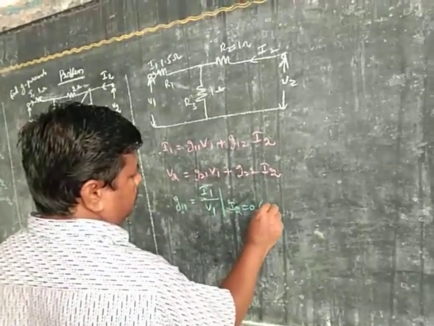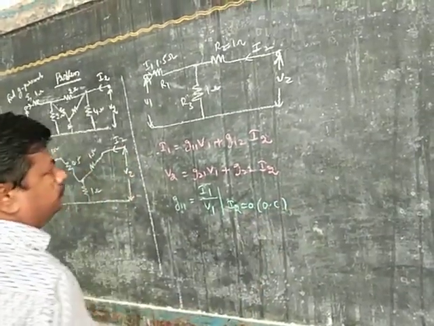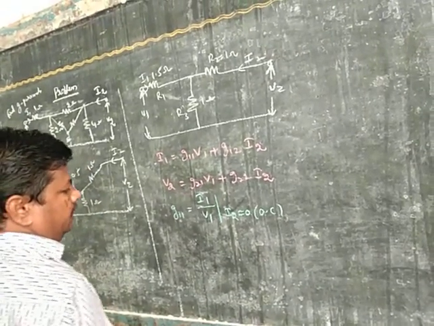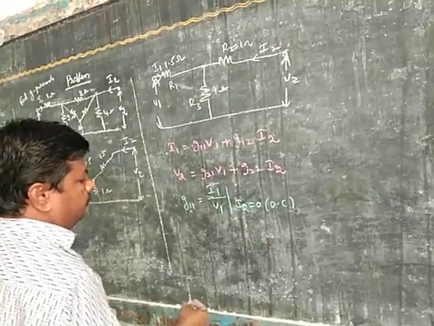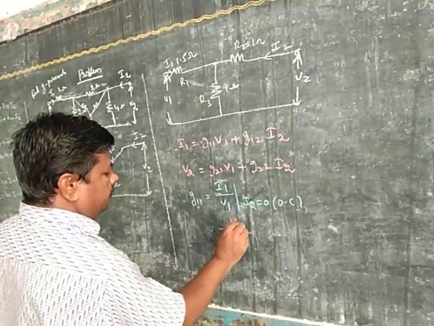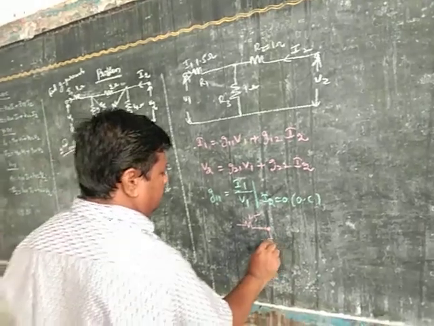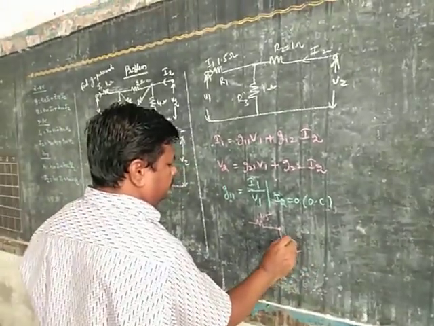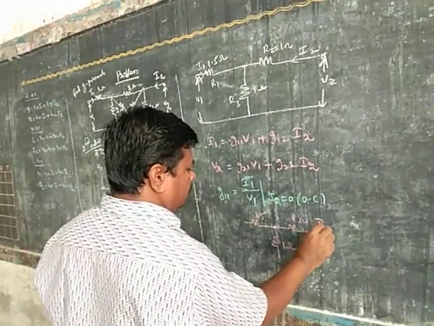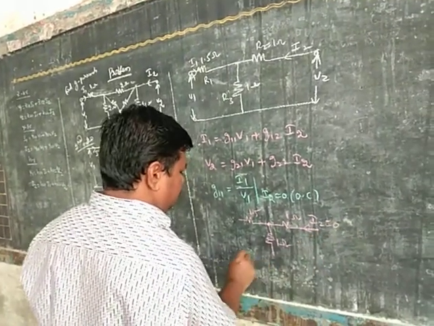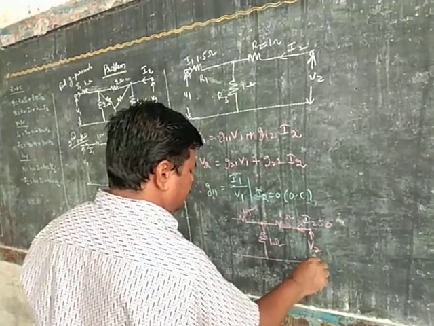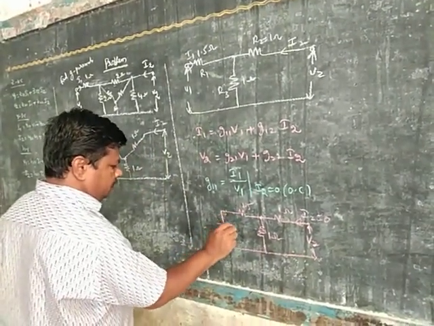Okay, current equal to 0 means open circuit. Now the circuit is 1.5 ohm, 1 ohm, also 1 ohm. I2 is equal to 0, but there exists a V2 and also there exists a V1.